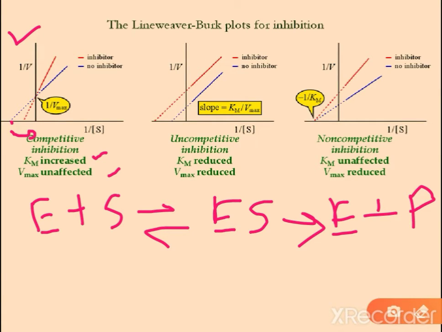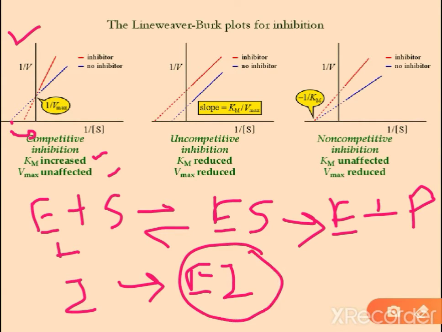So, competitive inhibitors bind with the enzyme here and thus produce the enzyme inhibitor complex. The inhibitor binds with the enzyme at the active site by competing with the substrate. So, if we increase the concentration of substrate in our medium, then the inhibitory mechanism can be overridden.